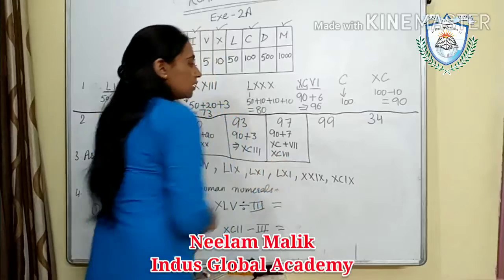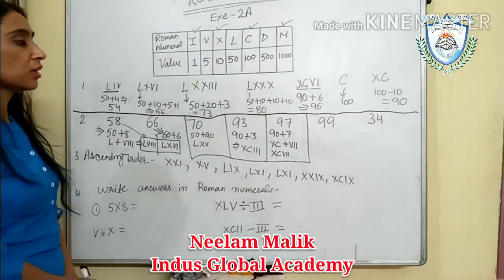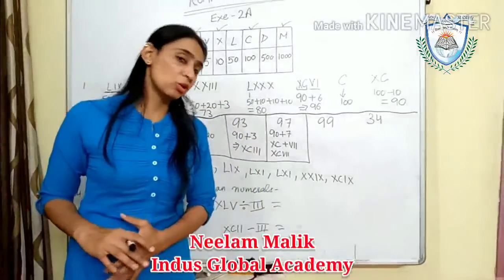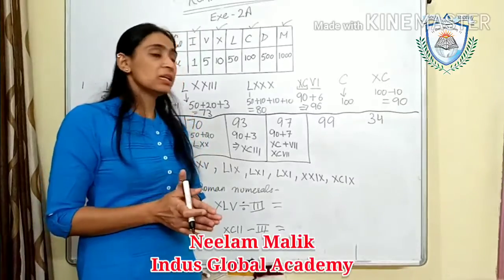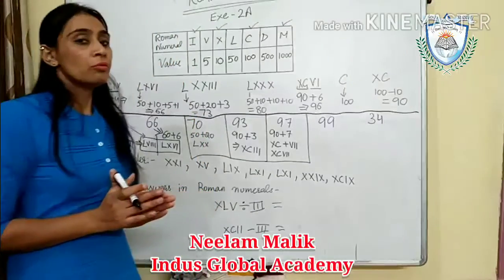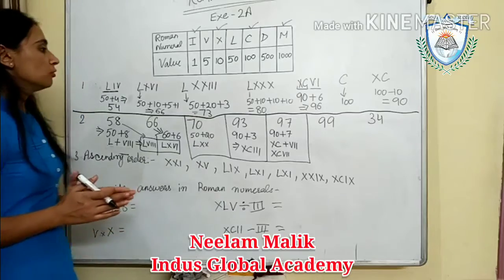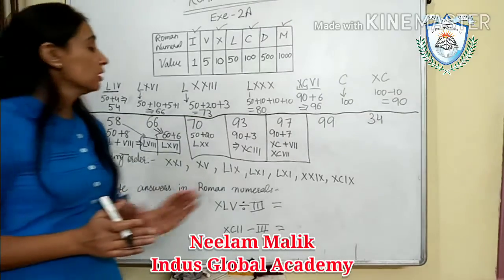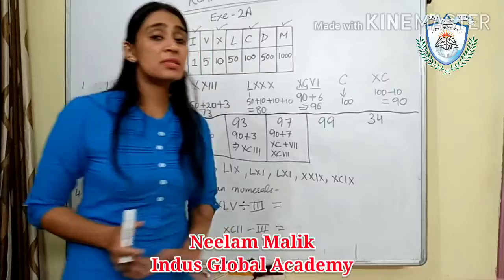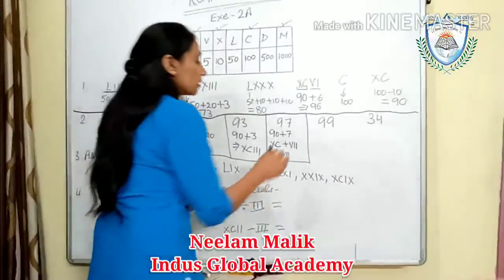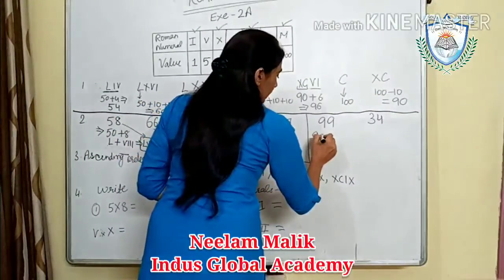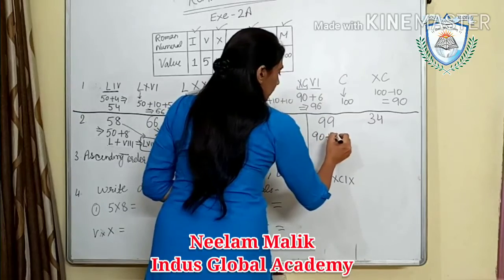What is your 99? Don't say 100 minus 1. No. You will not write here 100 minus 1. So how will you write? 99 means 90 plus 9.